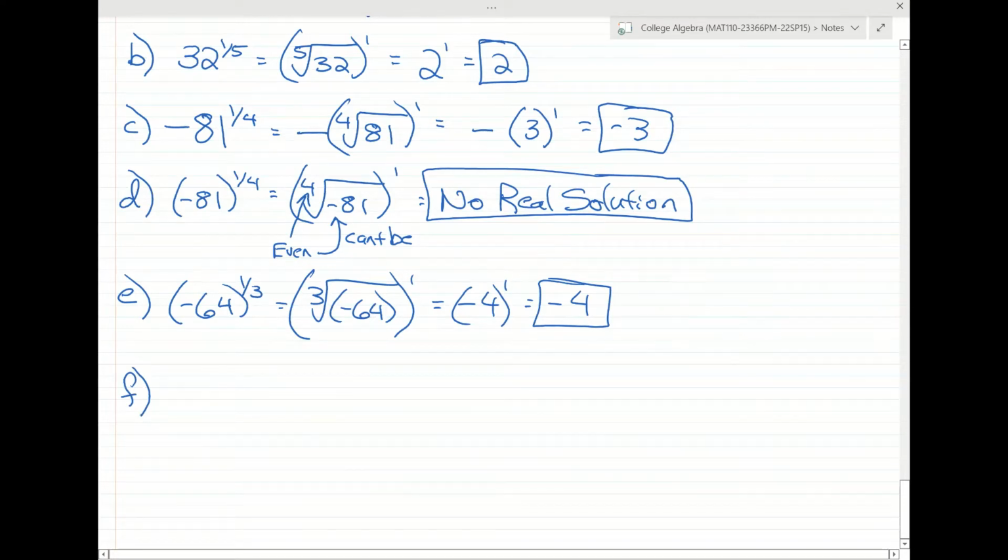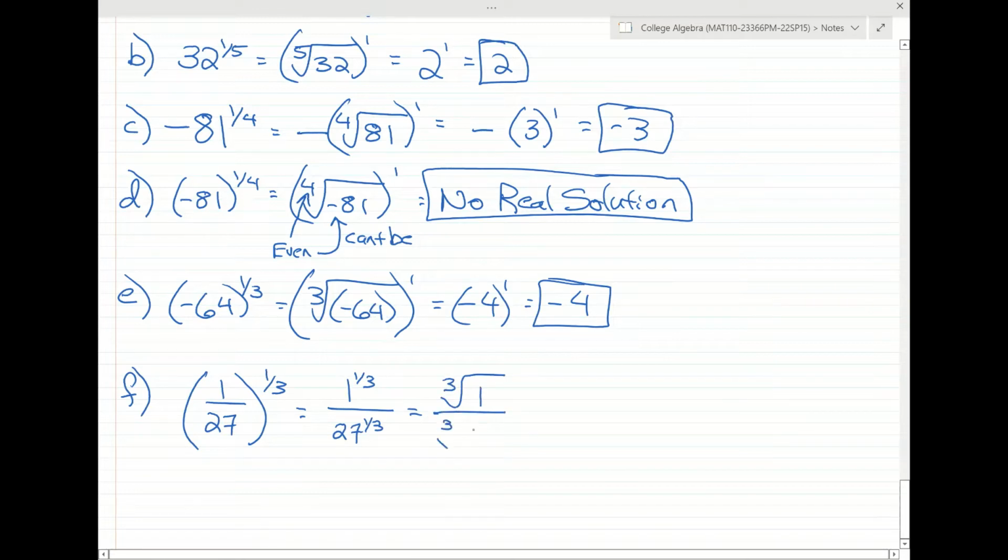If we have fractions, like 1 over 27 to the 1/3 power, this just means 1 to the 1/3 over 27 to the 1/3, or the cubed root of 1 over the cubed root of 27, which is 1/3.